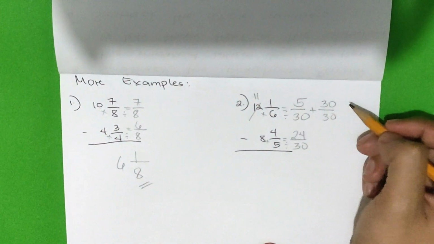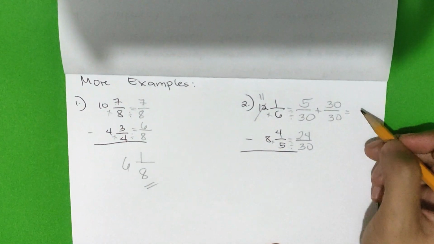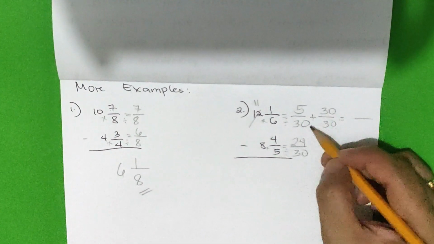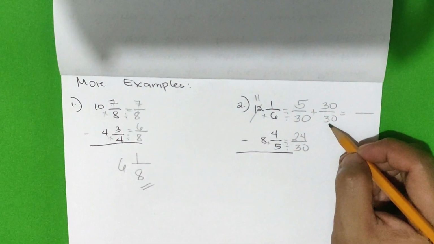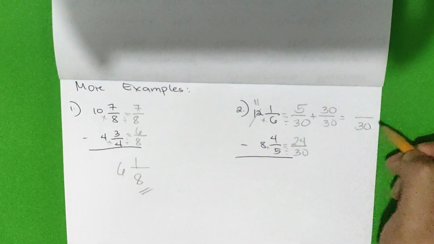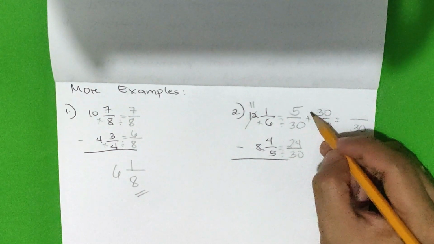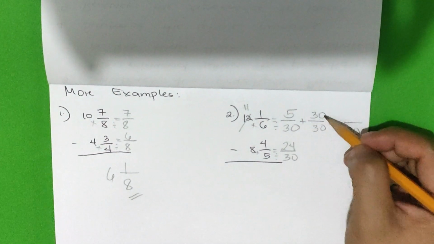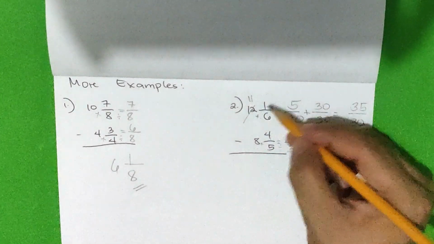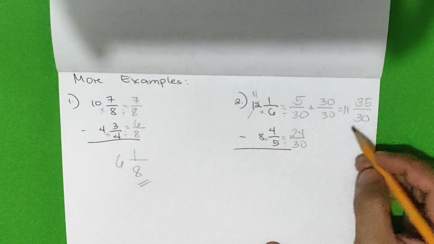Let us use 30 as the numerator and denominator. And now we can proceed adding the two similar fractions. So since they are already similar fractions, we can copy the denominator 30 and proceed to addition of the numerators. 5 plus 30 is equal to 35. And let us just copy the whole number 11.